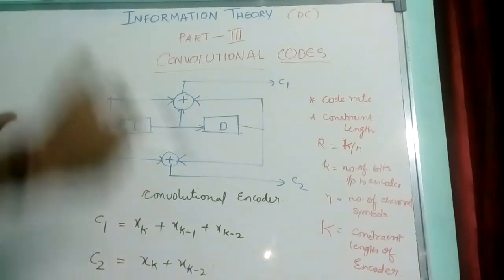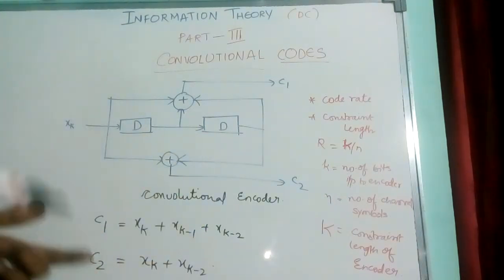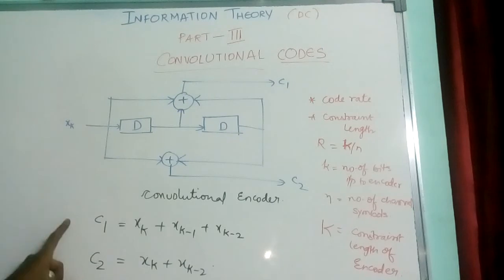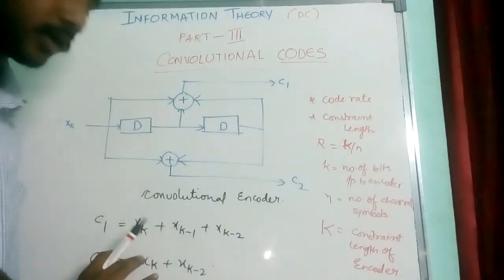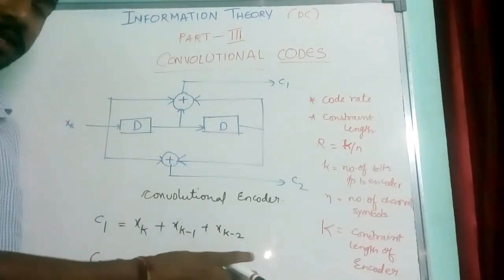Whatever representations of these convolutional codes we do in the later part all depend on these equations. Most importantly, these equations give us the relation between the state diagram and the trellis diagram. Don't confuse yourself with the k minus 1 and k minus 2 terms.